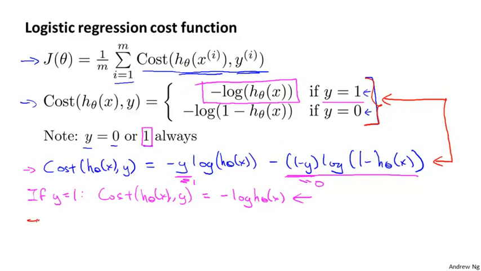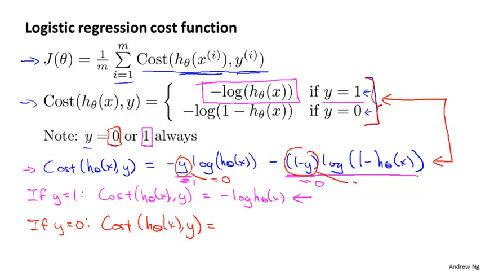The other case is if y is equal to 0. In that case, the first term would be equal to 0, whereas 1 minus y becomes 1 minus 0, which is just equal to 1. And so the cost function simplifies to just this last term, because the first term gets multiplied by 0 and disappears.